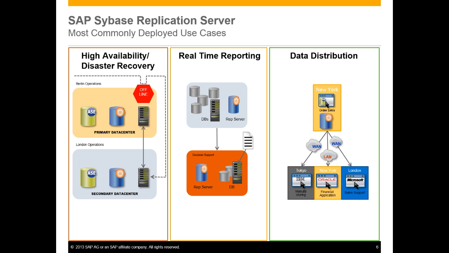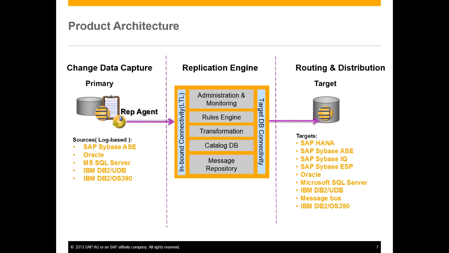Slide number 7, please. Slide number 7 gives you a very brief product architecture. The secret sauce of Replication Server is all about the log-based replication agent. On the source side, we're able to capture from all the major databases: ASE, Oracle, MS SQL, and DB2, not only on the mainframe but also on the LAN side as well.